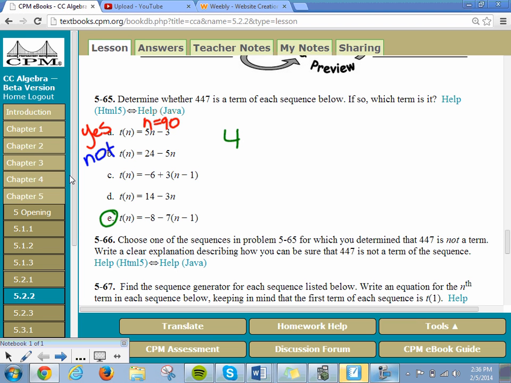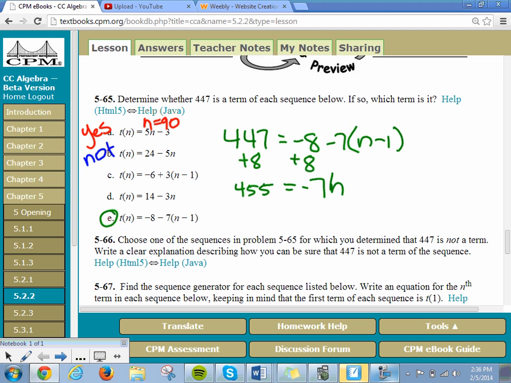So for E, again, 447 is equal to negative 8 minus 7 times the quantity n minus 1. So I'm going to work on my order of operations. I cannot do negative 8 minus 7. That would not follow order of operations. First thing I'm going to do is add 8 to both sides. So we'll get 447 plus 8, which will be 455, is going to be equal to negative 7 times n minus 1.